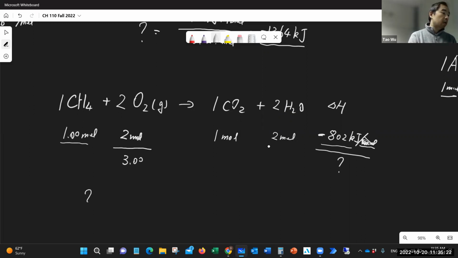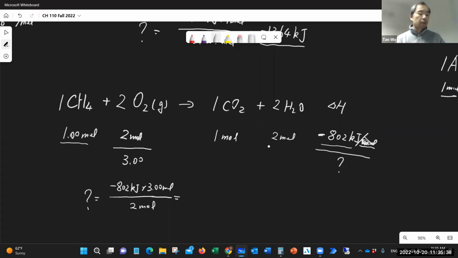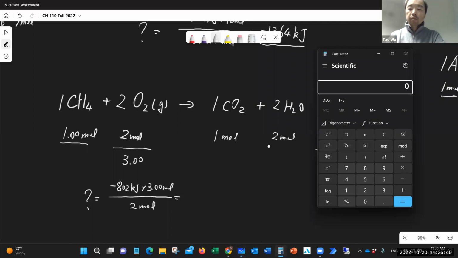Then the question mark equals negative 802 kilojoules times 3.00 moles of oxygen divided by 2 moles of oxygen. Then you can solve the problem: negative 802 times 3 divided by 2.